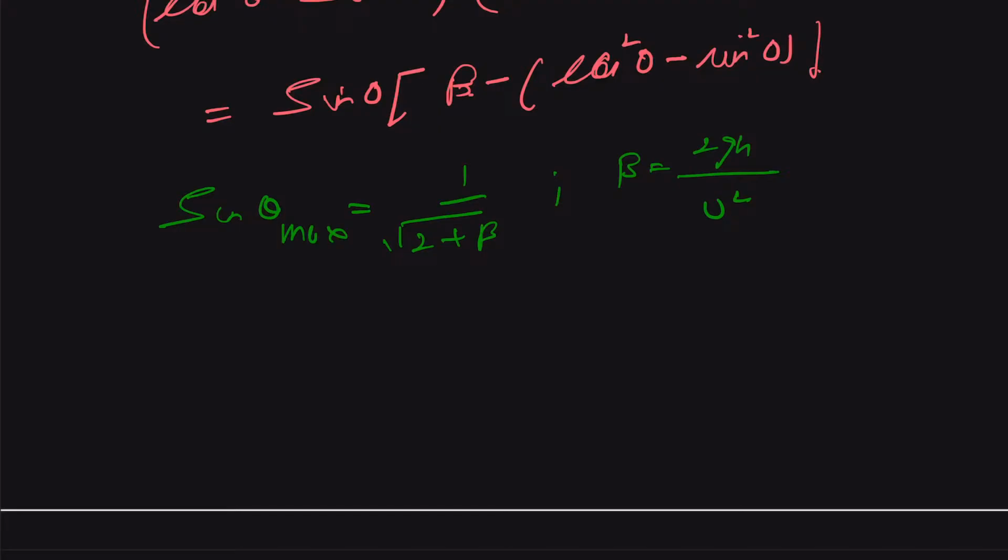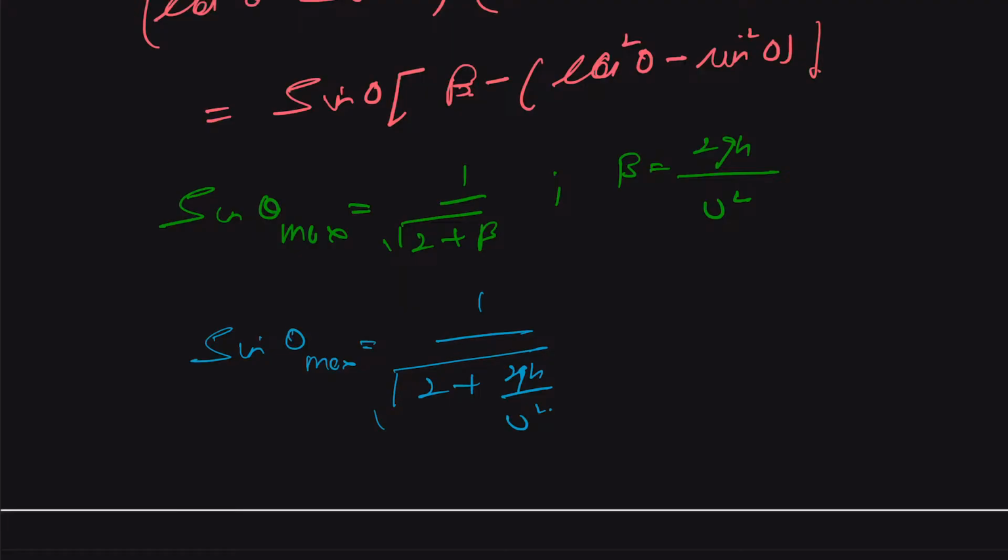Therefore, sine θ maximum is equal to the square root of 2 plus 2gh upon v square in the denominator. So this is the maximum value of our θ.